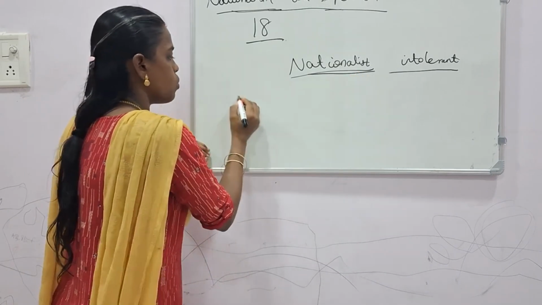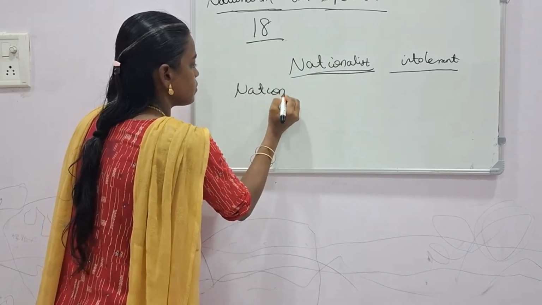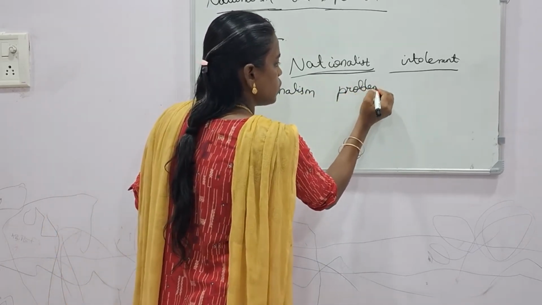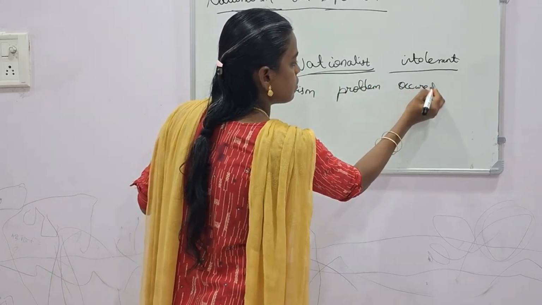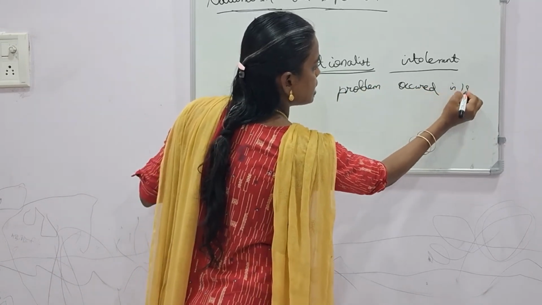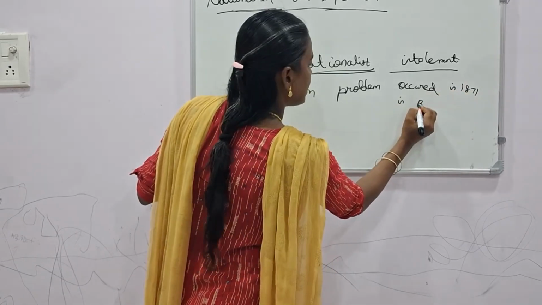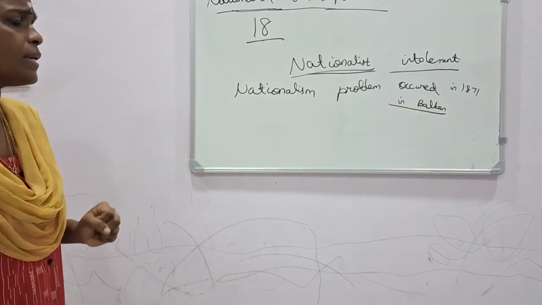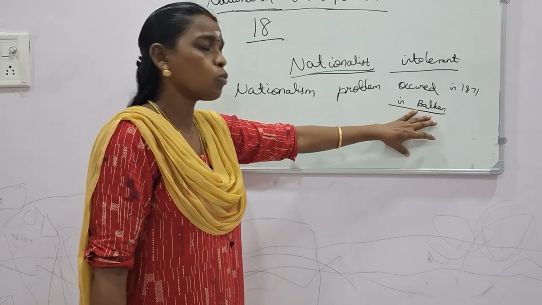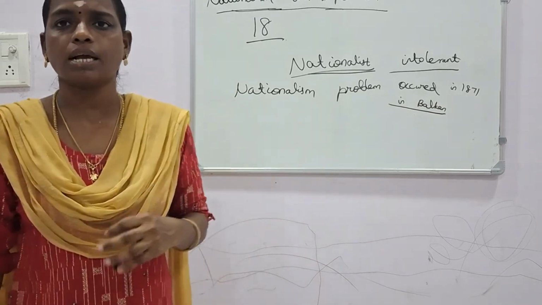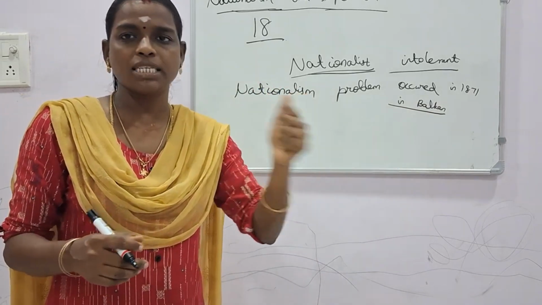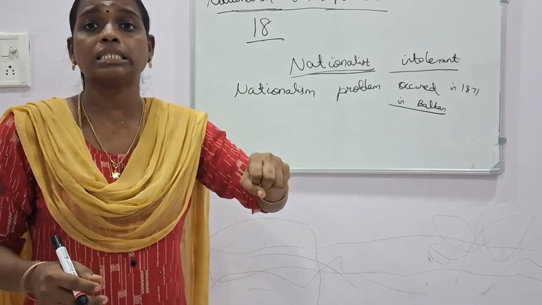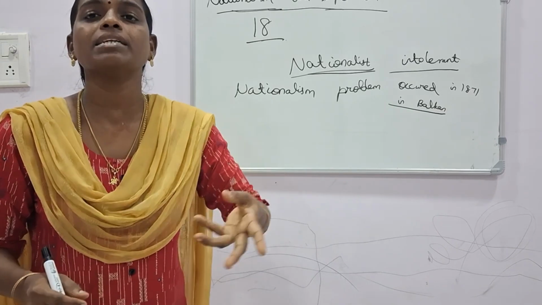Nationalist problem occurred in 1871 in the Balkans. Actually, the Balkans was a territory which comprised many places. We couldn't say this particular place is what is referred to as the Balkan country. It comprised, it consolidated, many other countries.